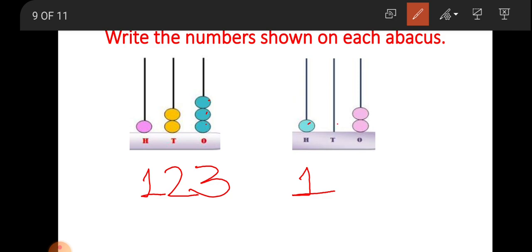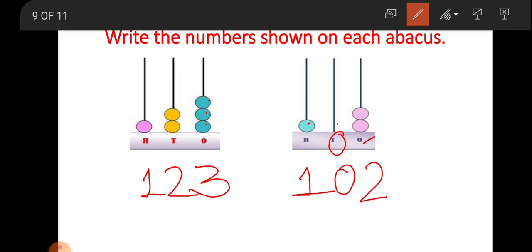Now the tens place. In the tens place 0 is given, so write 0 in the tens place. And last, the ones place. In the ones place 2 beads are given. So write 2. Now how to read this number?